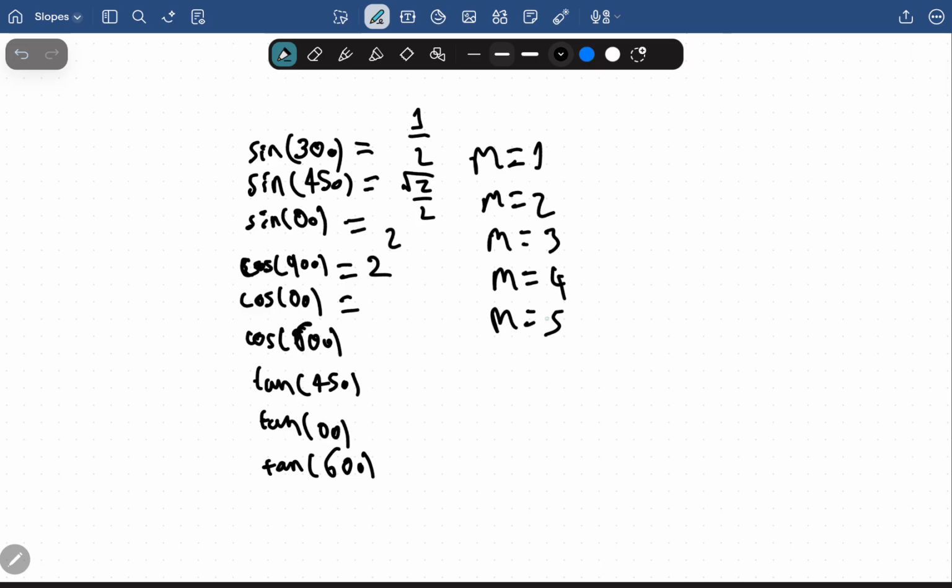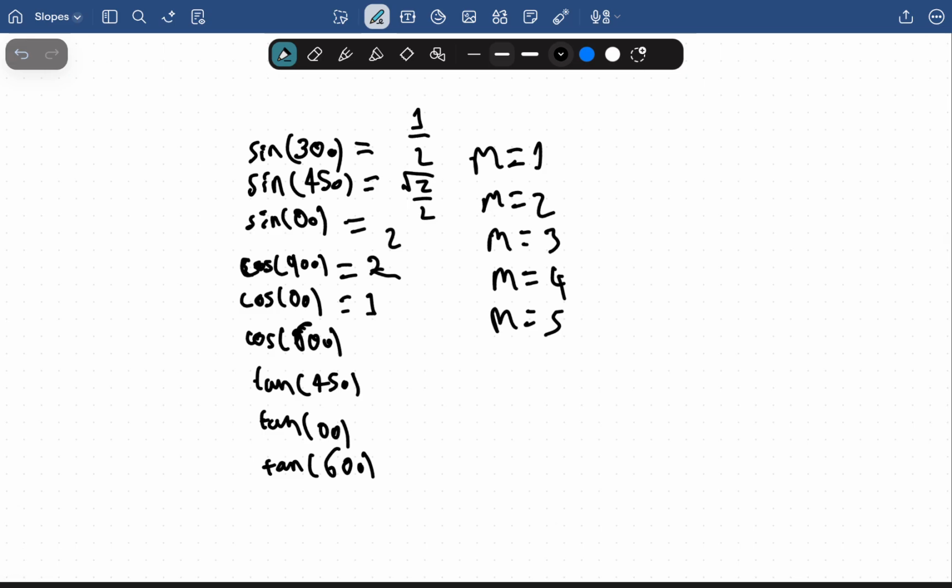0 degrees, over here, all above is 4, so root 4 over 2. Root 4 is 2, so 2 over 2 is just 1, so I guess we have cosine 0 equals 1.